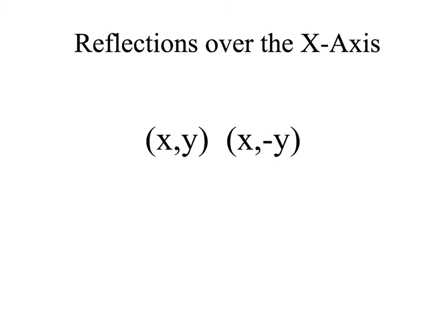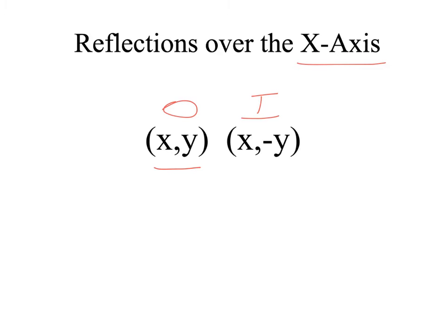Now we're going to look at our formulas. And you are going to have to memorize the formula. So we're looking at the x-axis. The only thing that changes from the original to the image is the y-coordinate changes signs. So whatever axis you're flipping it over, the opposite coordinate changes signs.